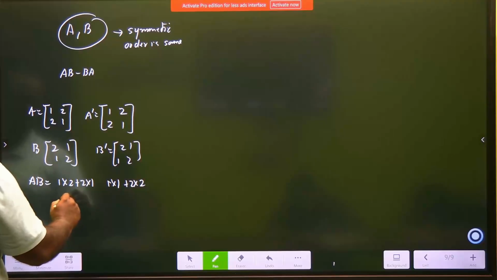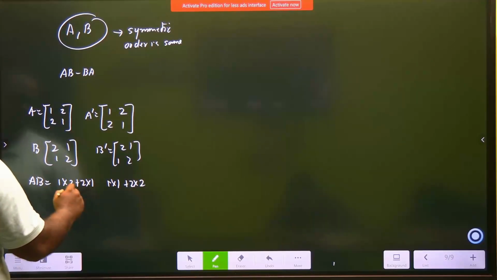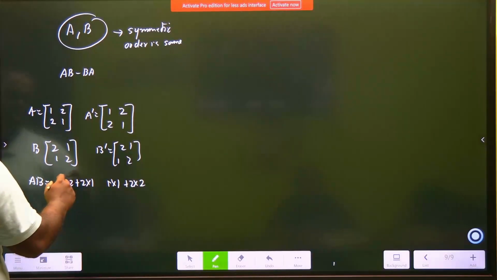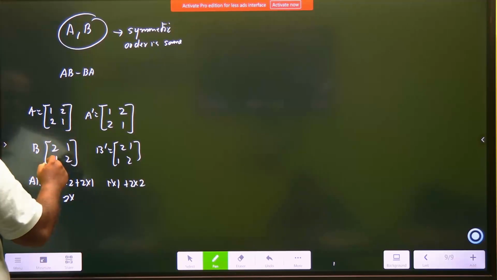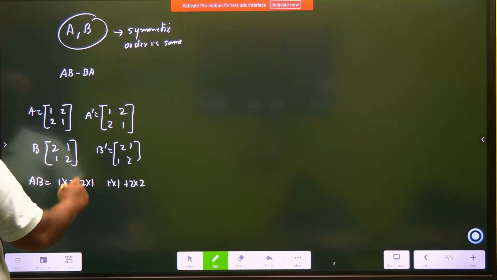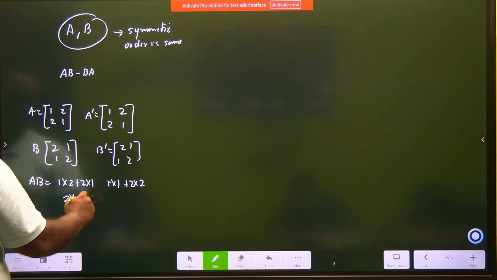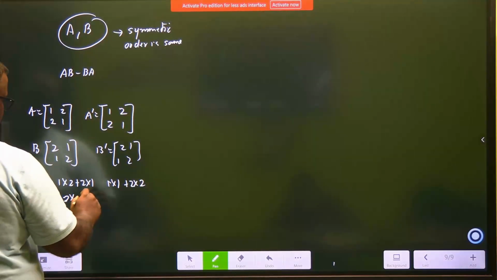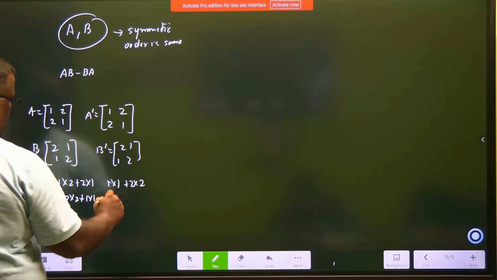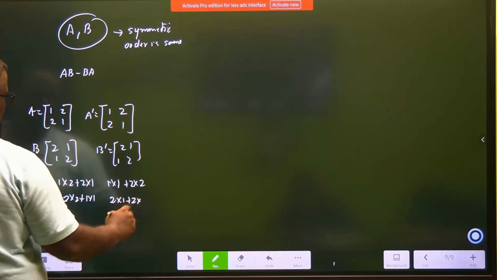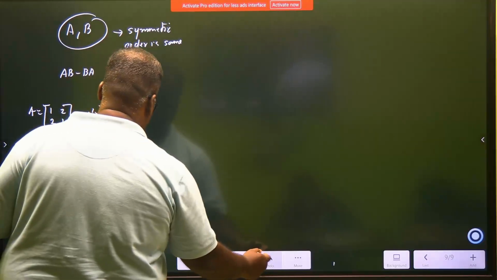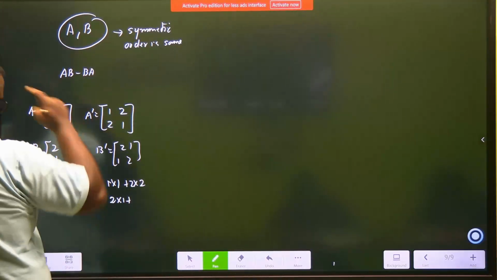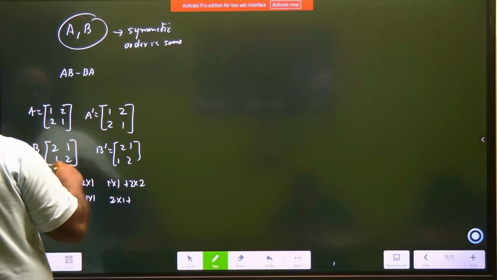Then 2 into column: 2 into 2 plus 1 into 1, then 2 into 1 plus 1 into 2.